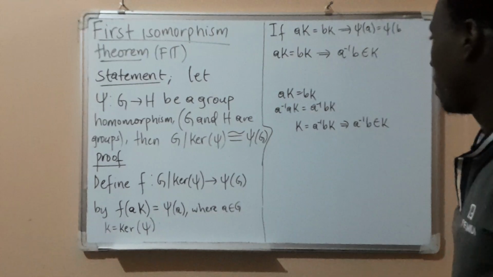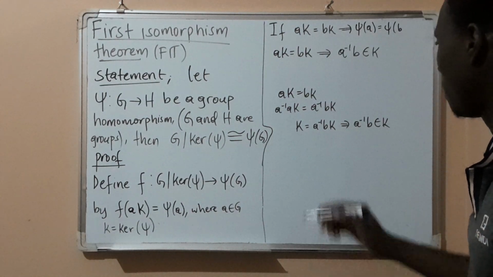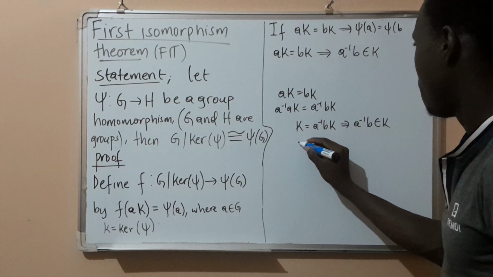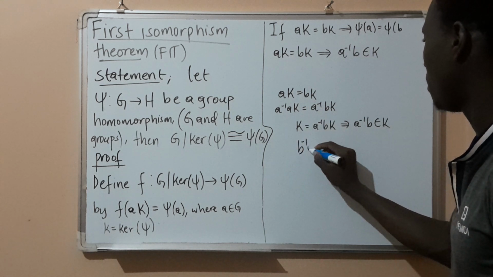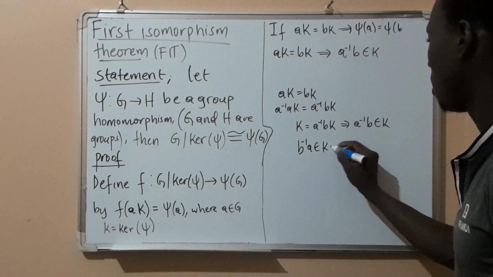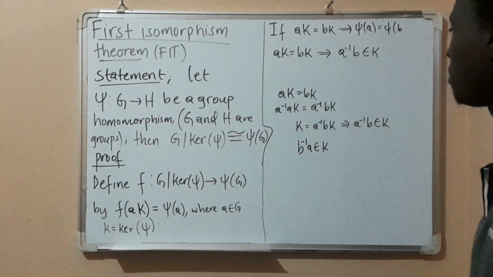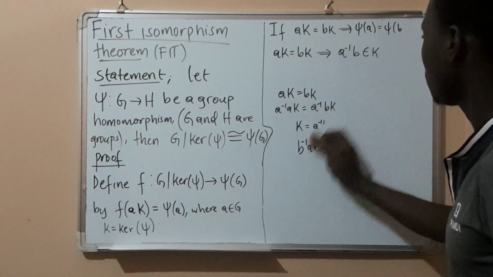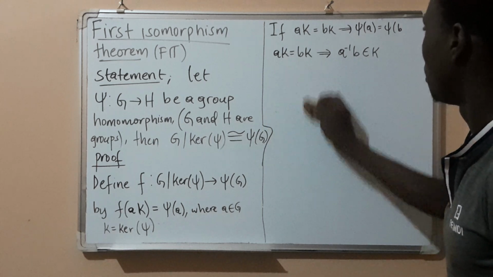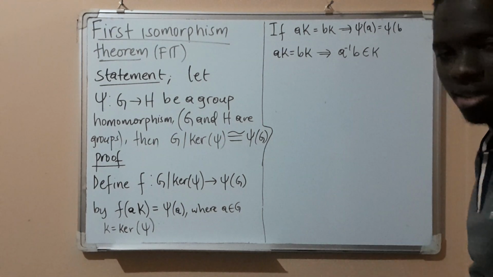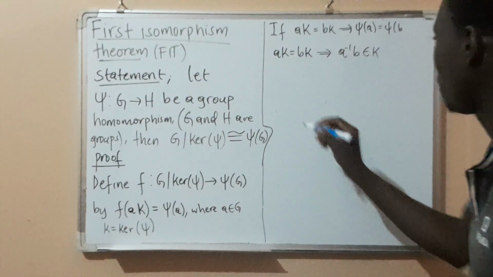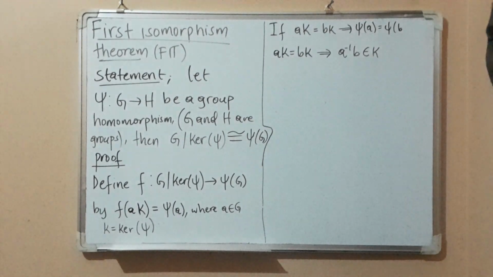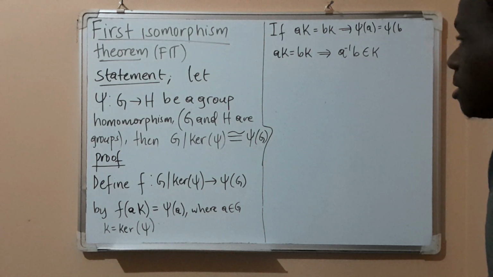And similarly, if you do cancellation on this b, it's the same as saying that b inverse a is within the kernel. It's also fine. Now we are having this element within the kernel. So if it's within the kernel, then it is mapped to the identity. Hope you know that.